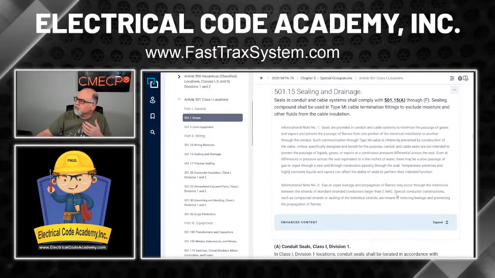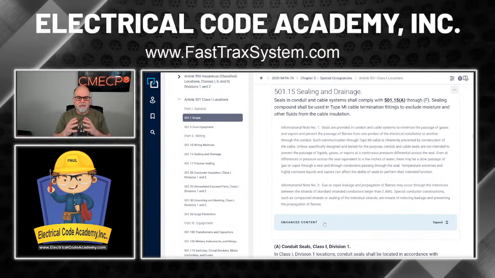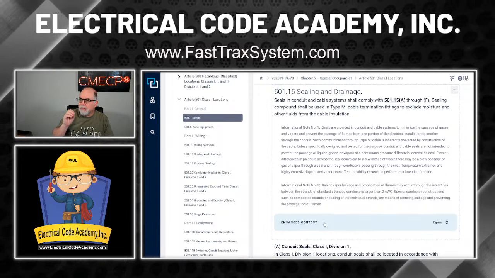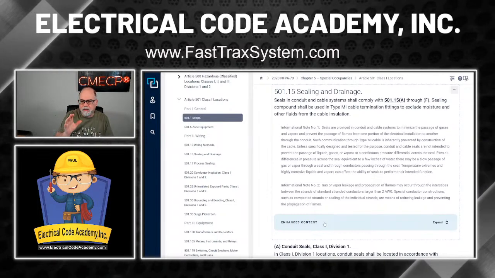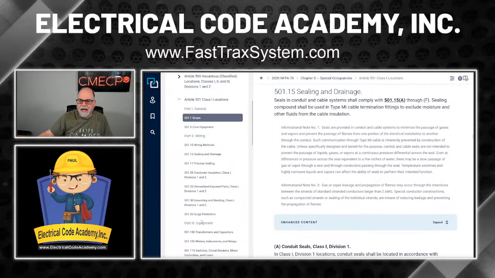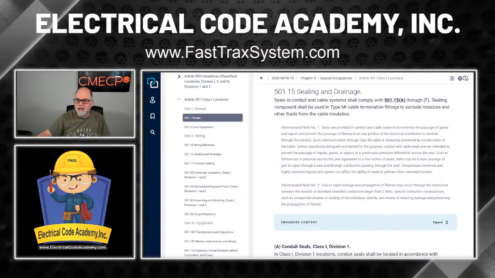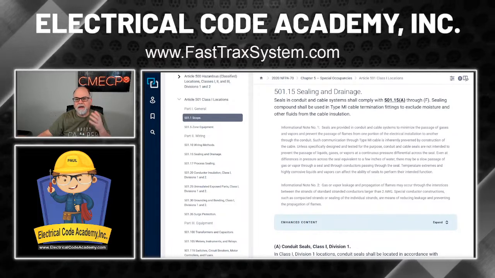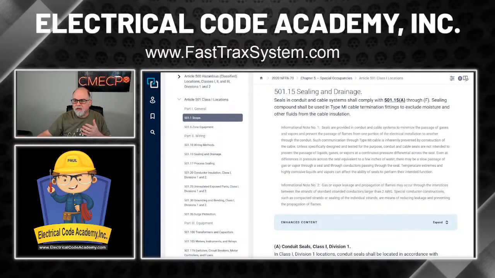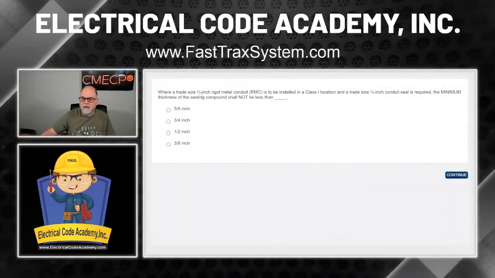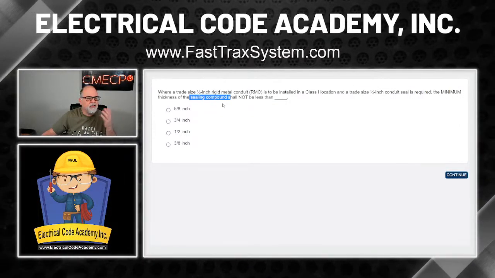Now, here's your sealing. Now, let me give you some tips for an exam here. If I'm looking in my code book, I'm looking for triggers. Something, for example, like here, like the thickness, that terminology, something that says seal compound. I'm looking for these answers. Okay, let me take you back real quick. I'm looking for, in the question, something that says seal compound.